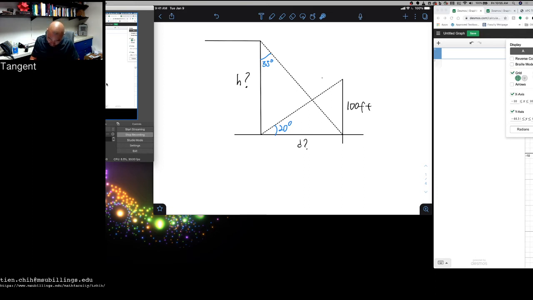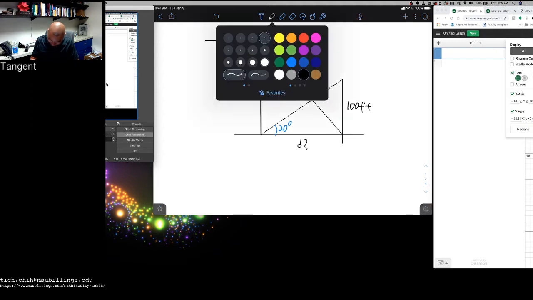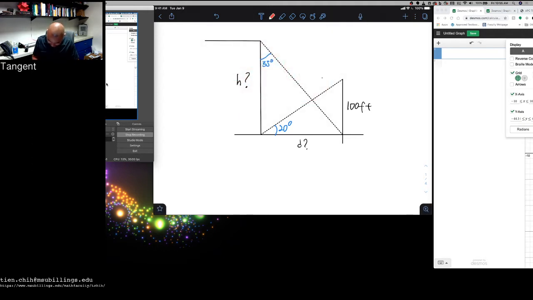Well, what I do know is that if I took the cosine of this 20 degrees, then that would be this distance d over this hypotenuse.